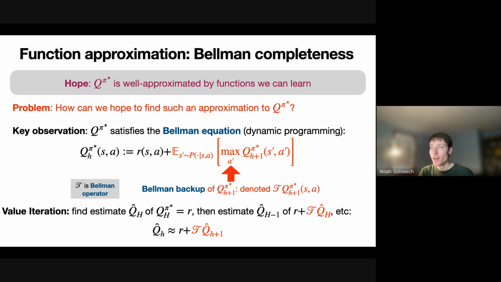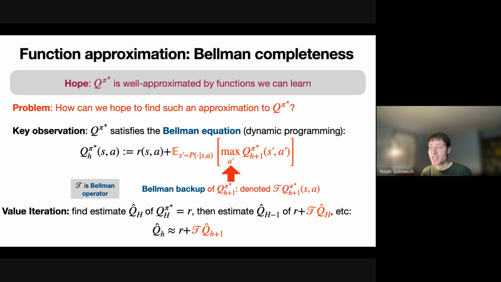The rough idea behind a lot of works in reinforcement learning, dating back several decades, is to use this approach known as value iteration. The idea behind value iteration is essentially to perform dynamic programming in an approximate sense.